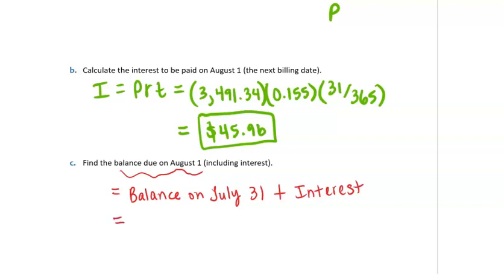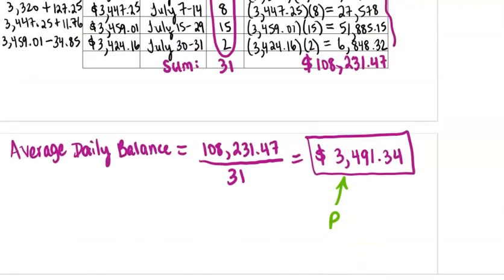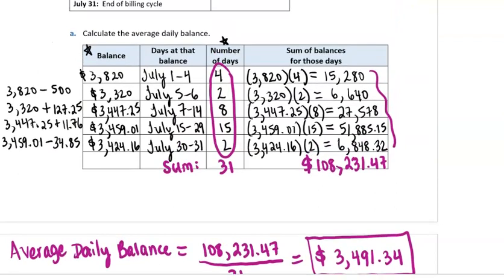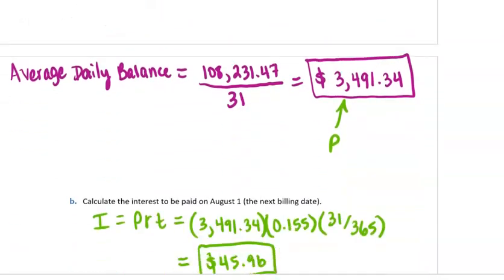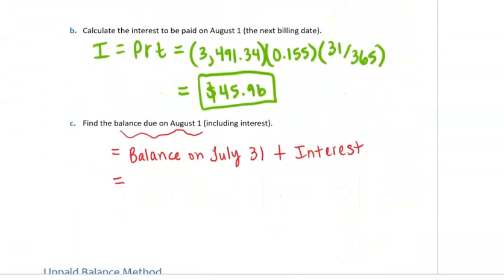In order to find the balance on July 31st, we can go back up to our table and notice that we are looking at the balance at the very end. So here you're not using the average daily balance, you're using the balance at the end of that billing cycle, which is $3,424.16. So you go to the very end of your table for that.